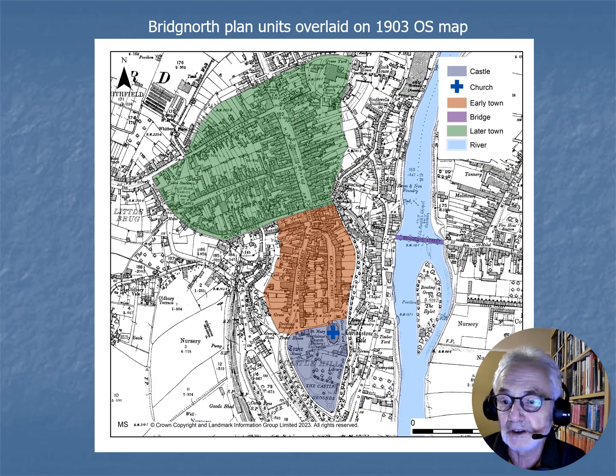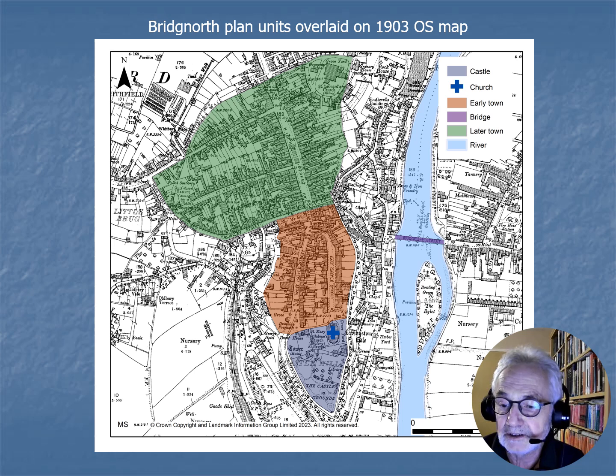Bridgnorth grew in a series of stages. It was founded by Robert de Bellême, the 3rd Earl of Shrewsbury, between 1098, when he succeeded to the lands around Bridgnorth on the death of his brother, and 1102, when he lost his English lands after rebelling against Henry I. Robert built a castle here to defend himself against the king.